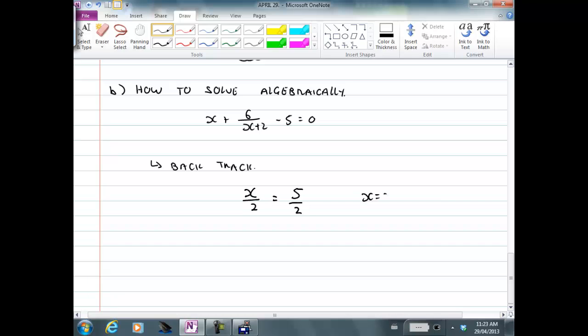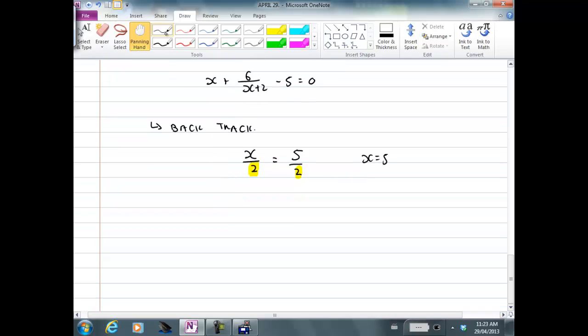If my denominators are the same, my numerator has to be the same. Or another way people like to do it, if denominators are the same, I can cross out the denominators. So x equals 5. Another way some people like to do is they multiply the whole equation by 2 to get rid of the denominator. No matter what you do, you always get 5.